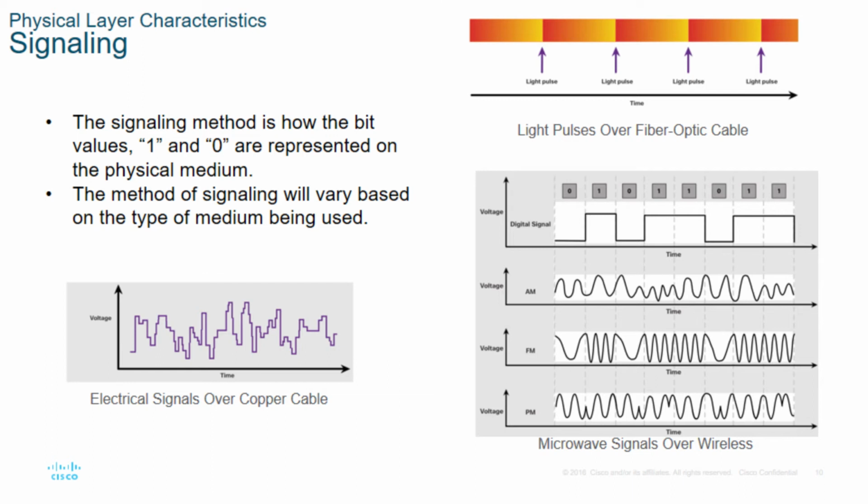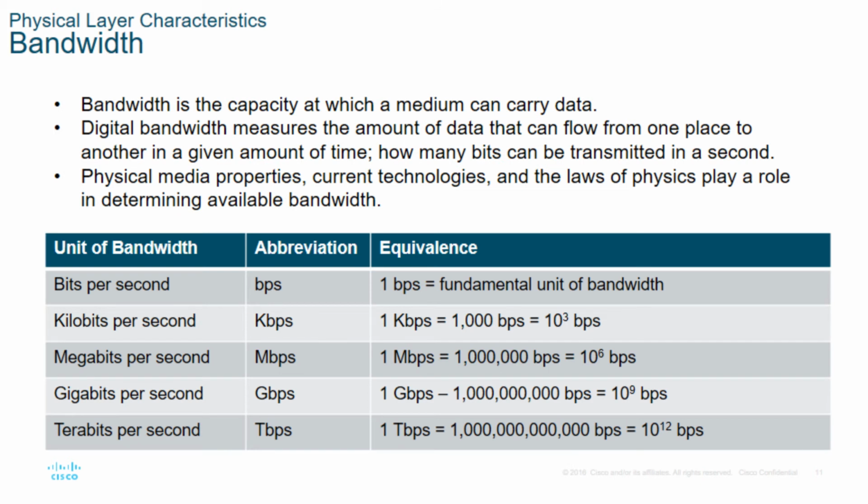Now bandwidth. Basically, different physical media support the transfer of bits at different rates, and data transfer is usually discussed in terms of bandwidth. Bandwidth is the capacity at which a medium can carry data, and digital bandwidth measures the amount of data that can flow from one place to another in a given amount of time.